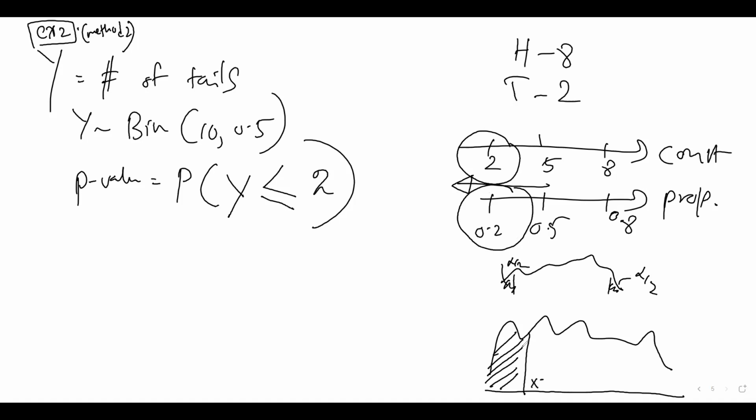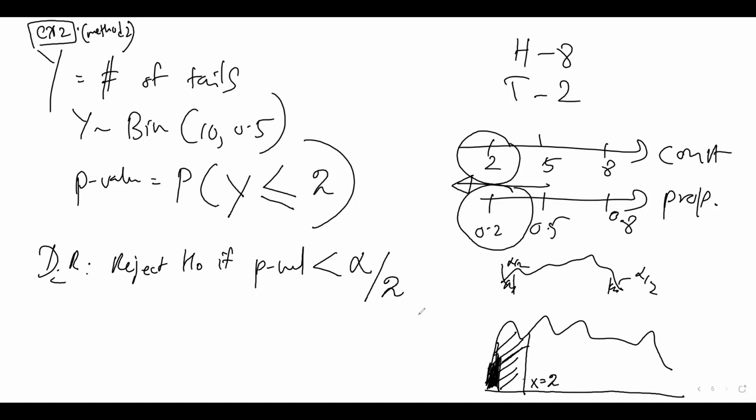When x is equal to 2, if our computed p-value falls here in this region, we reject h0, right? So the decision rule is reject h0 if the p-value that we computed here is less than alpha.